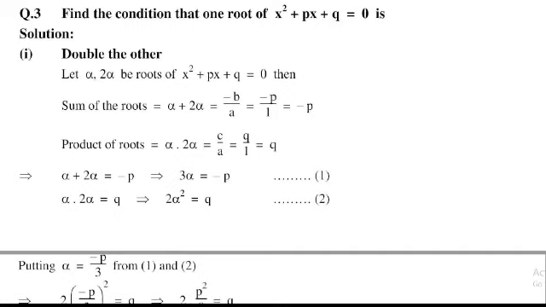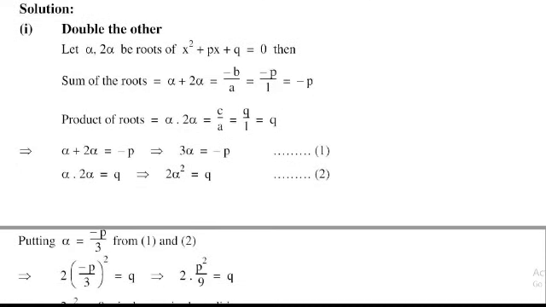So equation 1, that is alpha plus 2 alpha is equal to minus p, 3 alpha is equal to minus p. That is equation number 1. Next, alpha dot 2 alpha is equal to q. It means 2 alpha square is equal to q, that is equation number 2. Put alpha is equal to minus p over 3 from equation 1, so 2 into (minus p over 3) whole square is equal to q.